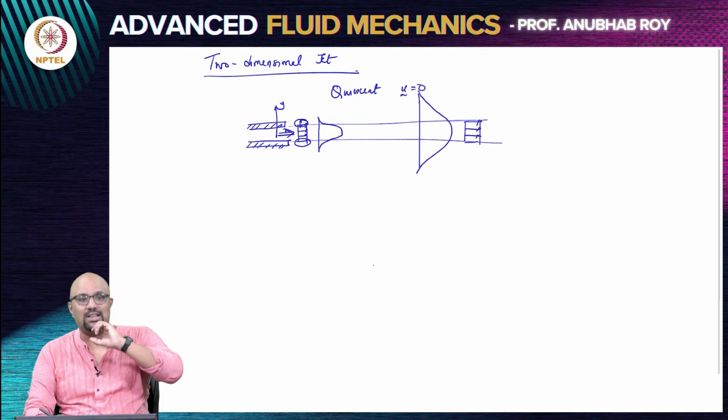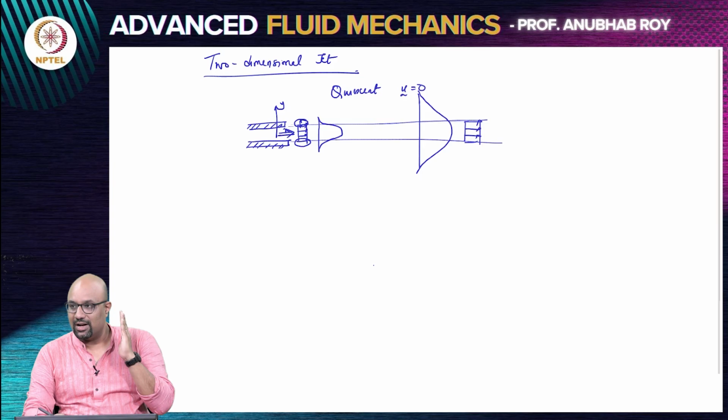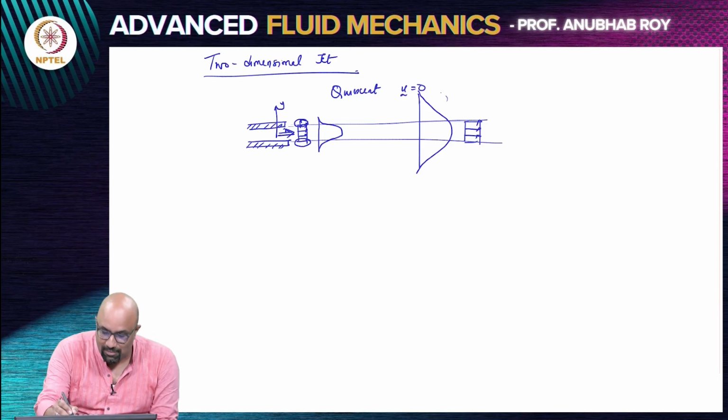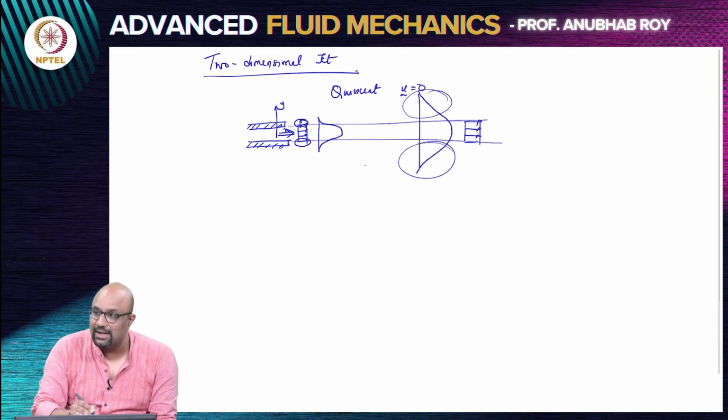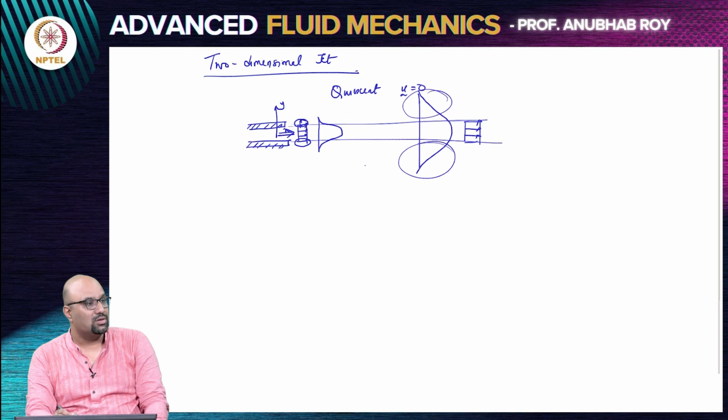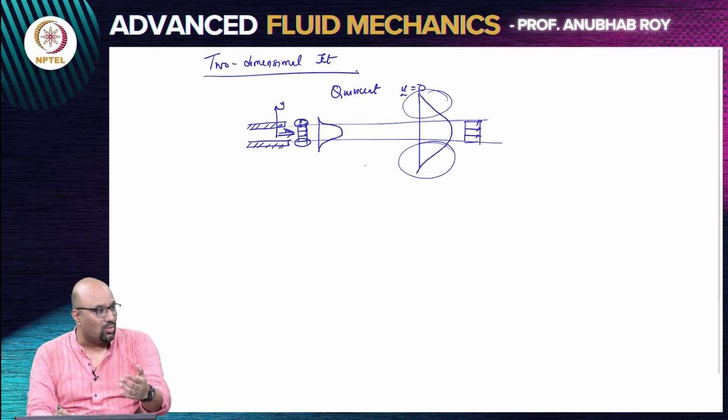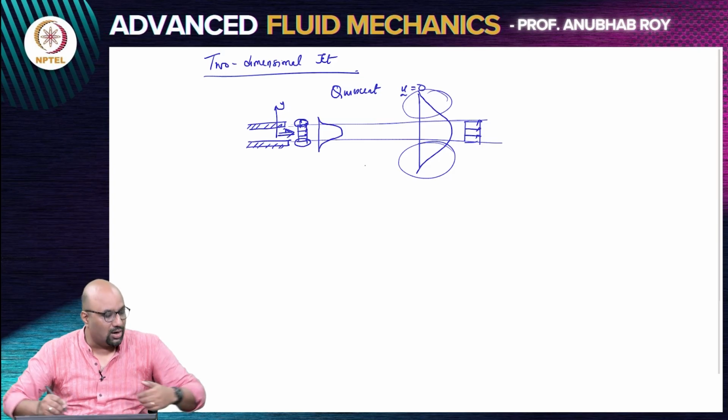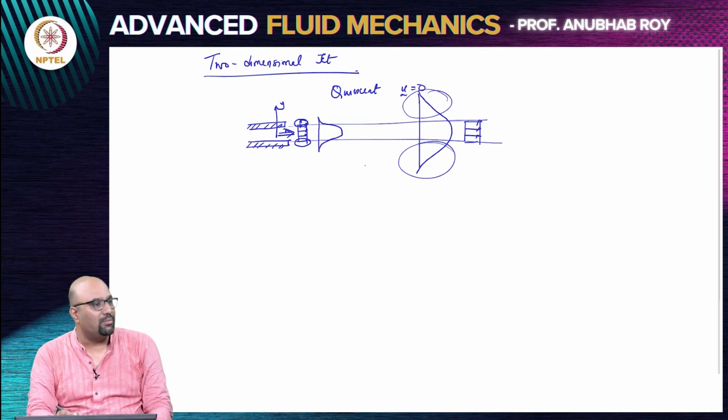I can just have a slab of fluid moving as per its own wish, because it can perfectly slip past the quiescent air around. There is no way that it can be set into motion. The only way that the fluid here is being set into motion is due to viscous diffusion. Viscosity is that carrier of momentum. So, at the cost of slowing down, the jet gets slowed down. Viscous effects are slowing down the jet, but while it gets slowed down, it is entraining the fluid from its side.